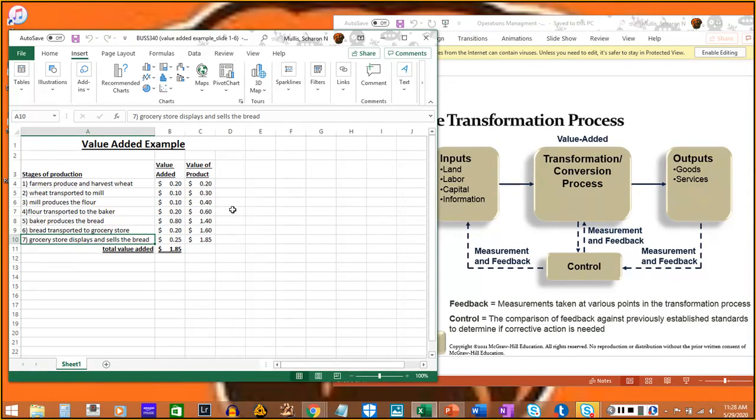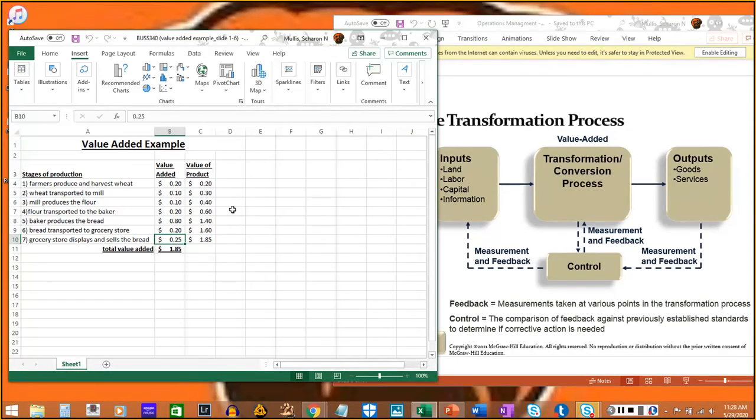And they have the register as far as capital. The information is how much is that bread going to cost? Things like that. And where should I place it in the store where the customer will see it and they would want to buy it? So placement of the product. So that adds another 25-cent value added, which gives us a grand total of $1.85 for that loaf of bread.